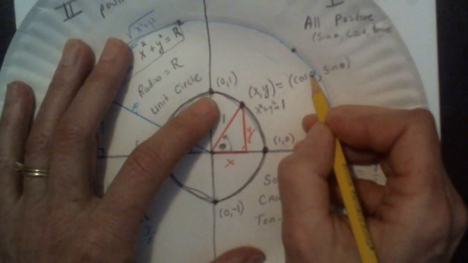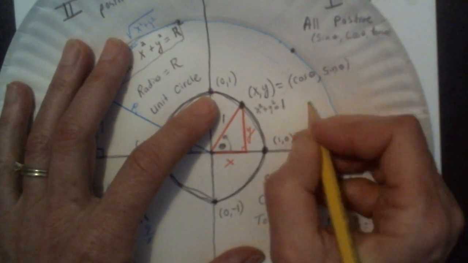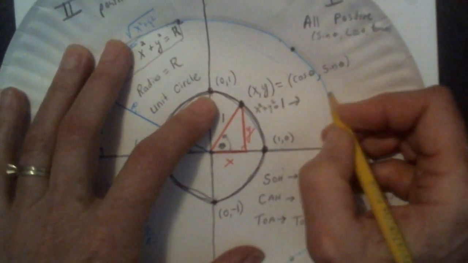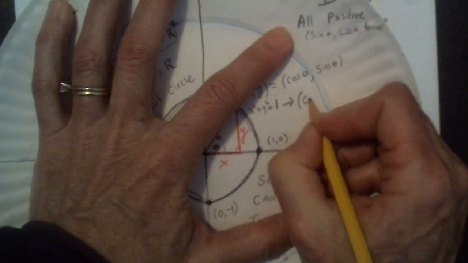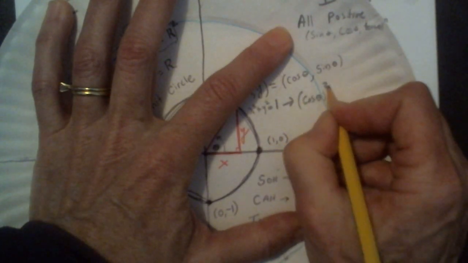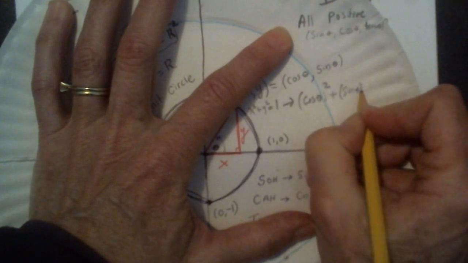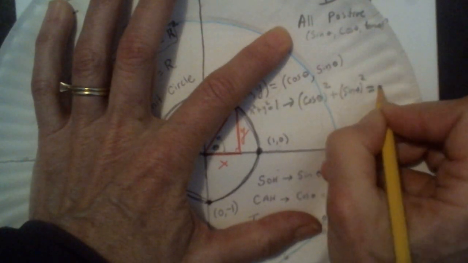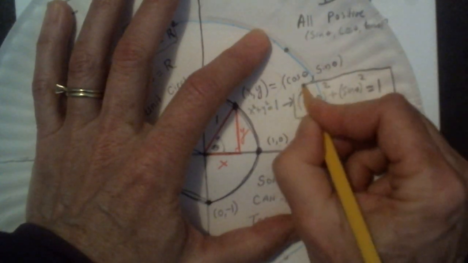Well, if x is the cosine of theta and y is the sine of theta, then you can create this Pythagorean identity that says the cosine of theta squared plus the sine of theta squared is equal to 1.